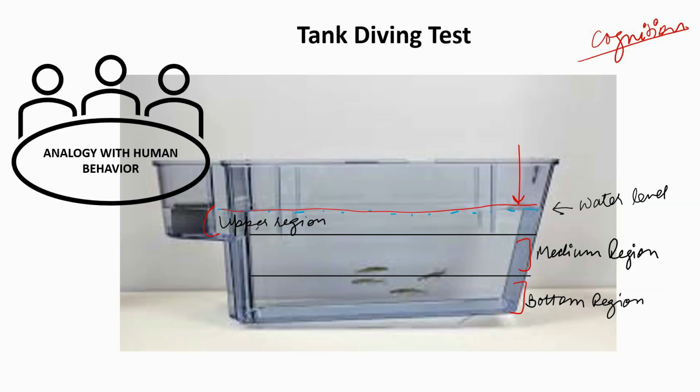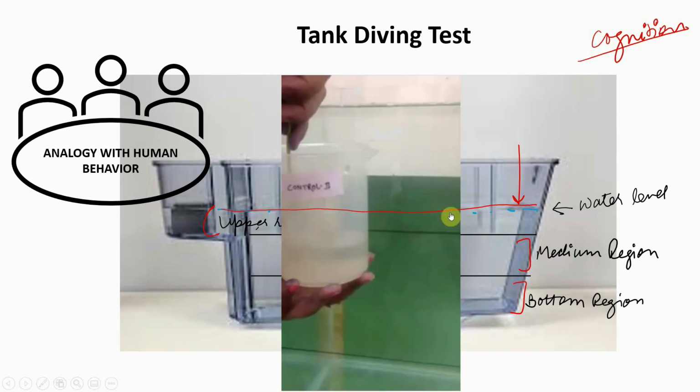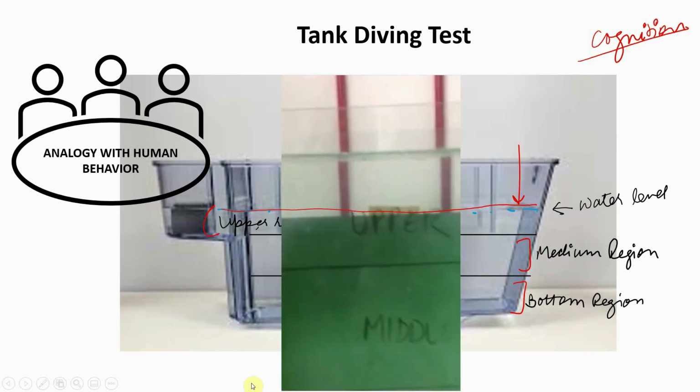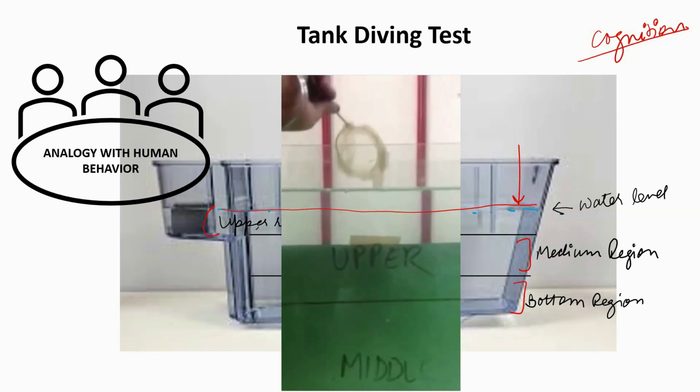But now let me tell you how it is useful if you are working with some disease which can cause motor imbalance, for example Parkinson's disease. So this is a dummy video which was created for this particular lecture. Let's see. You will see in this video that the subject was not able to swim even.